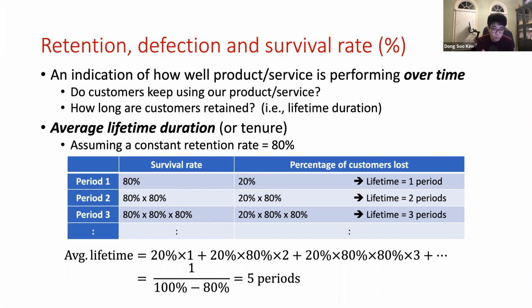So 1 over 100% minus 80%, which equals 1 over 20%, that is 5. So that 5 is the average lifetime duration. This means, on average, a customer keeps using the product or service for 5 time periods since she was acquired.